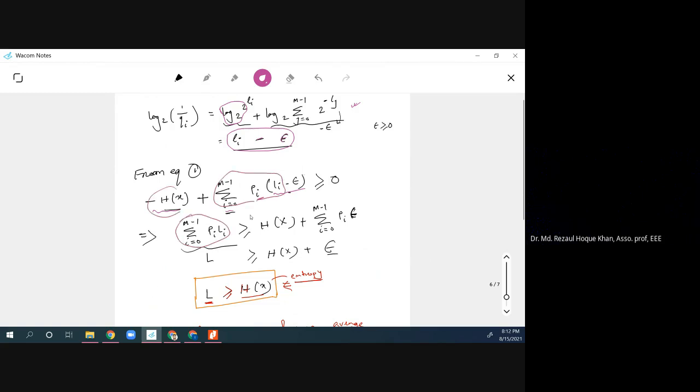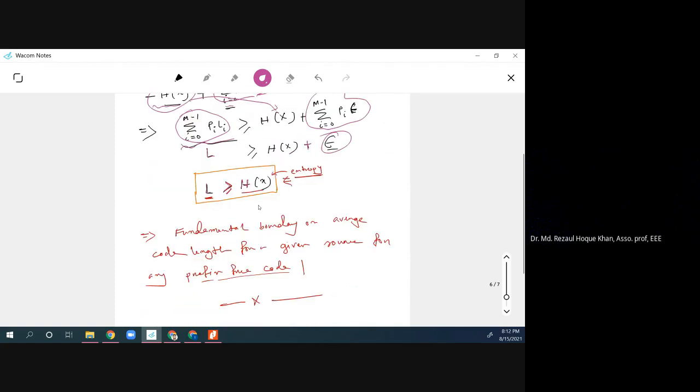So this part goes here, where we lose the negative sign, and also this part for f psi, if it goes to the opposite side, there is no negative, right? Now we already know that this amount is nothing but the average length L, and this part is a constant, so we can actually avoid it. Now we find that L is greater than H(X). What is H(X) here? H(X) is nothing but the entropy. So here we find the boundary condition.